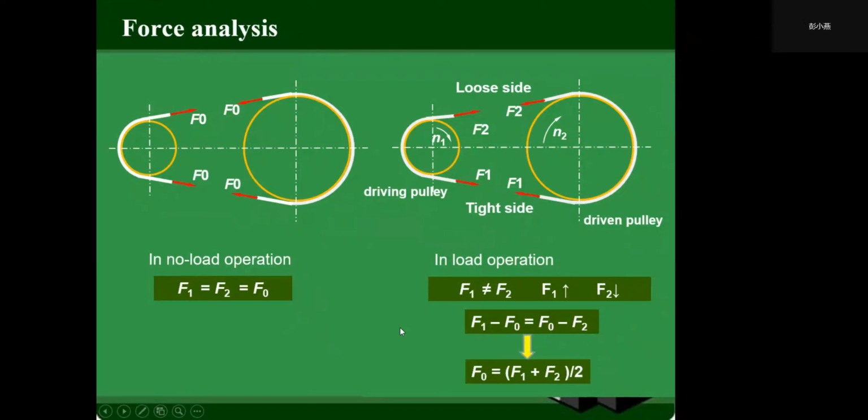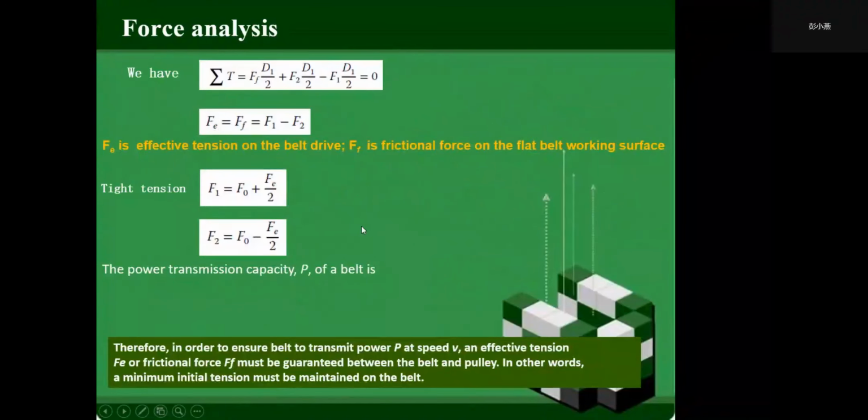Then we can calculate F0 is half of F1 plus F2. And the total torque should be 0, and we can calculate the tight tension and the slack tension F1 and F2.